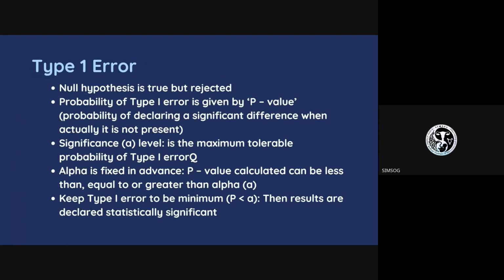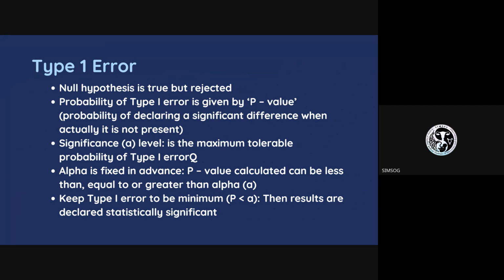So in type 1 error, the null hypothesis is true but rejected. The probability of type 1 error is given by the p value, as I told earlier. The significance or alpha level is the maximum tolerable probability of type 1 error.